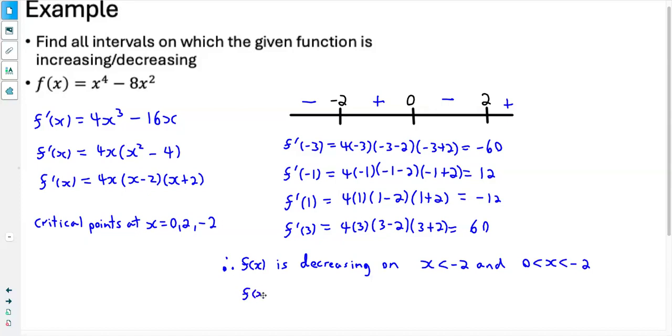We can also say f of x is increasing on, and this would be where we had our positives, so between -2 and 0. So we'd have -2 is less than x, which is less than 0, and when x is greater than 2.